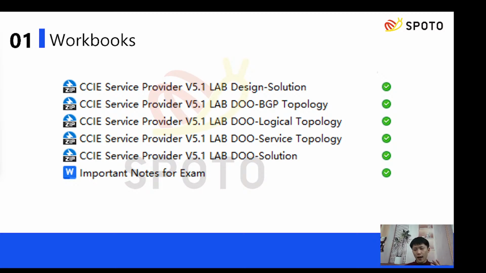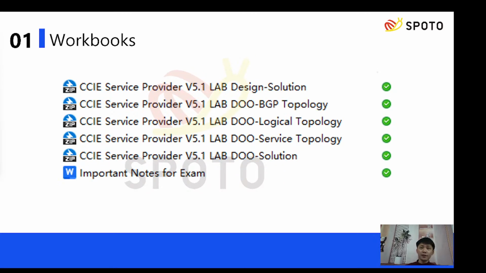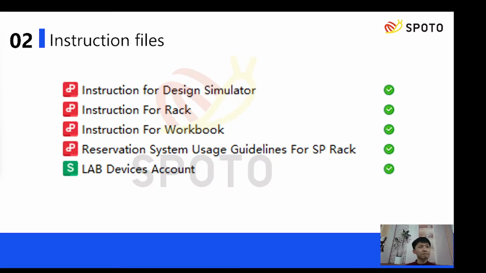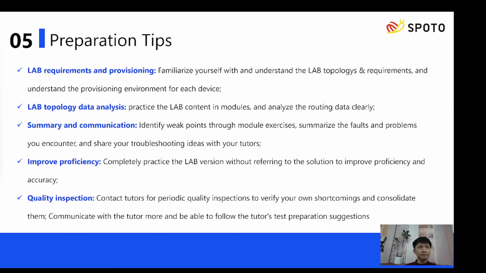Actually it is very precious for candidates who will take the exam, and it is useful while taking the exam. This is our advantage. We have many updates and feedback, and keep improving our solution.